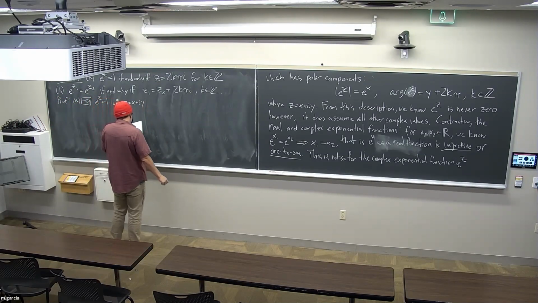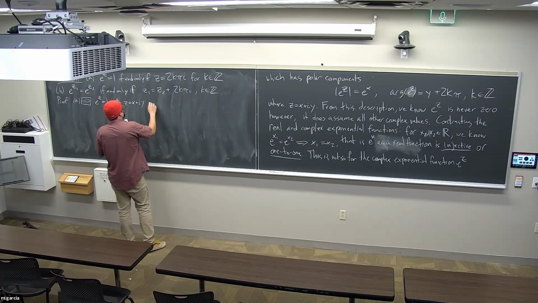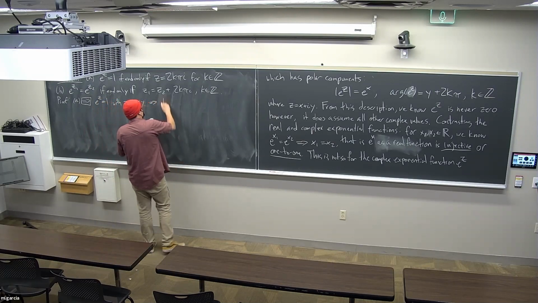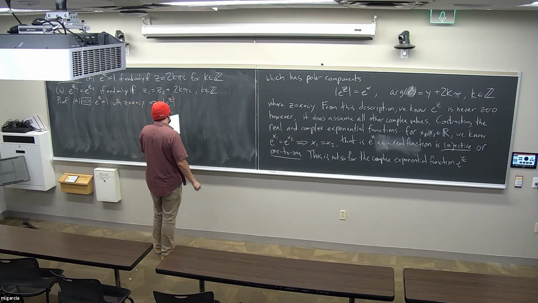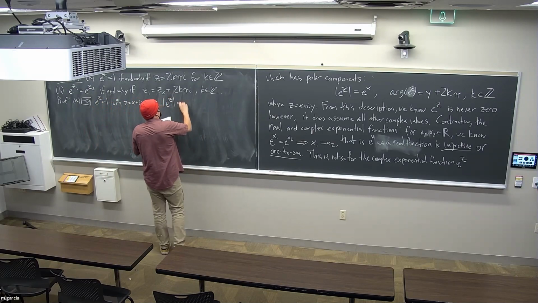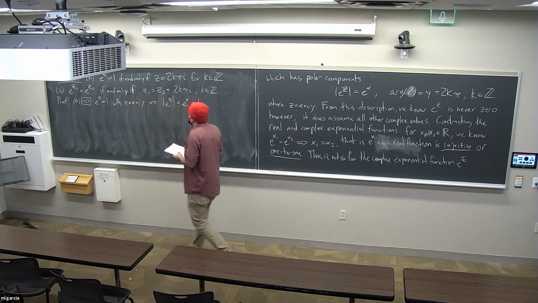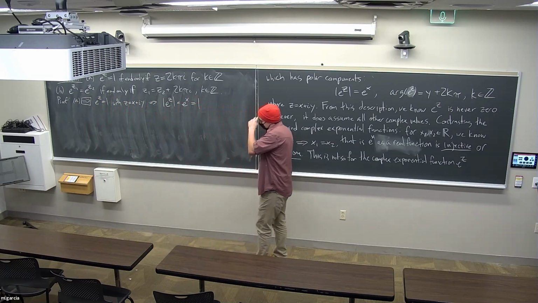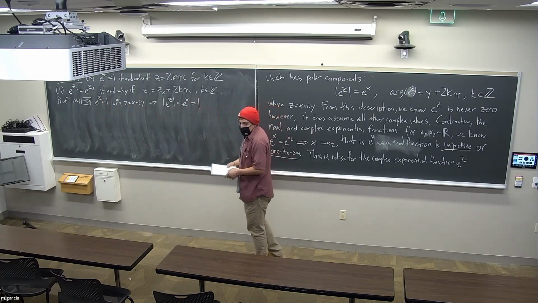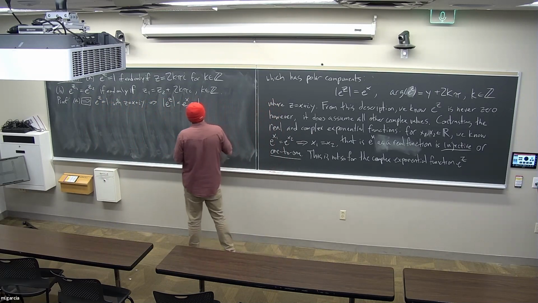Right? So this implies the modulus of e to the z, which equals e to the x, is equal to 1, right? Of course, the complex number 1 has modulus 1. Okay?